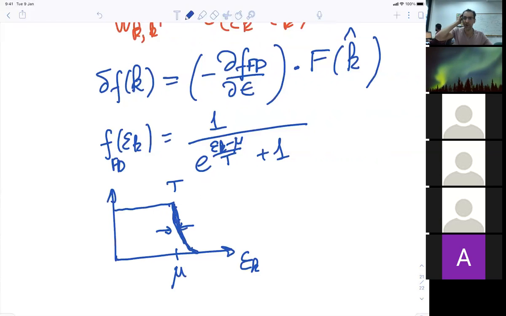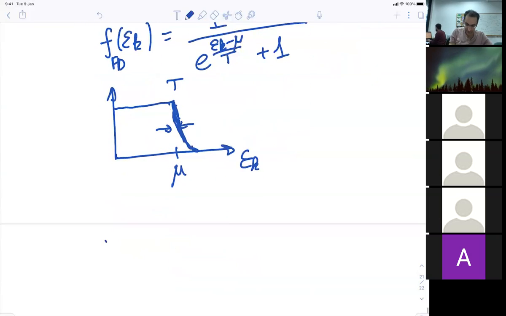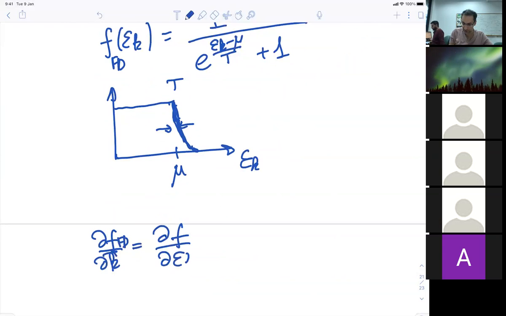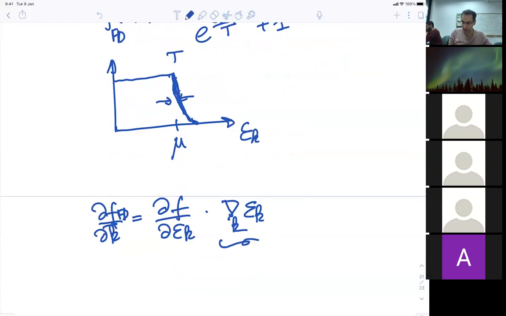So if we differentiate function f, then the derivative of the function with respect to k will be the derivative of this function with respect to epsilon times the derivative of epsilon k with respect to k. Now the derivative of epsilon k with respect to k is of course just the velocity.